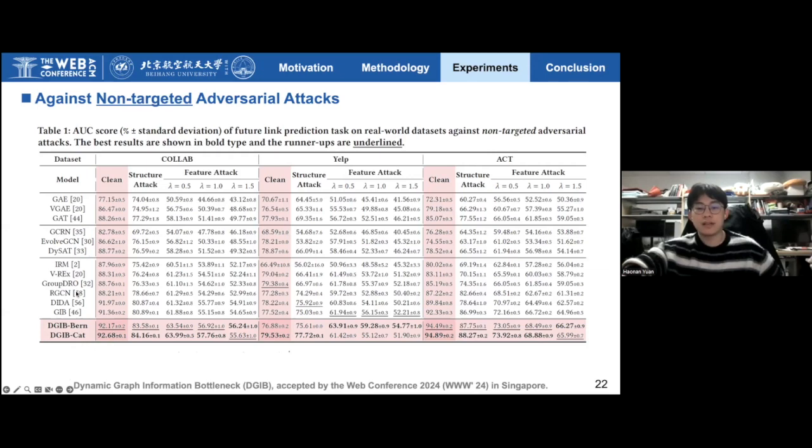Some robust and generalized DGNNs, such as Group DRO, DIDA, and GIB outperform DGIB-Bern or DGIB-Cat slightly in a few scenarios, but they generally fall behind the DGIB in most cases due to the insufficient feature compression and conservation, which greatly impact the model robustness against the non-targeted adversarial attacks.